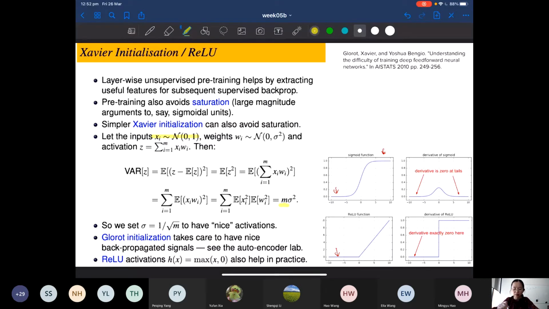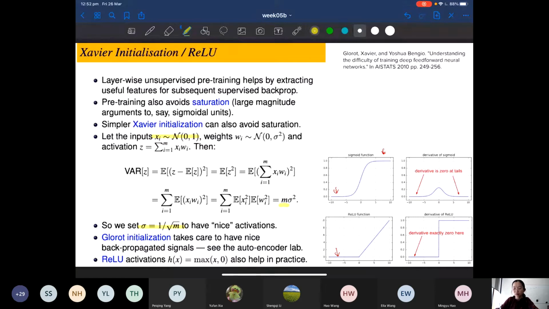Right, M times 1 times sigma squared. So if we want the variance of Z to be small, let's say 1, then it's very unlikely the activation value will go outside of +5 and -5. We can just set sigma squared to be 1 over M.